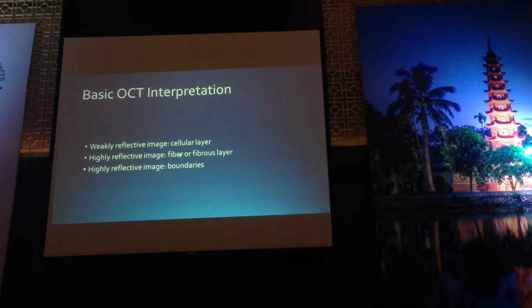But the fibrous layer or fiber layer is going to have a higher reflective image. And in the retina, we have neurons and the synapses between the neurons, right? The boundary at the synapse point also has a higher reflective image on the OCT. So this is the basic reflectivity that you can interpret on the OCT scan.